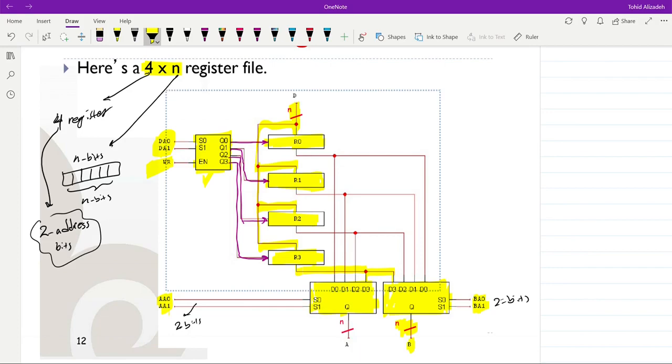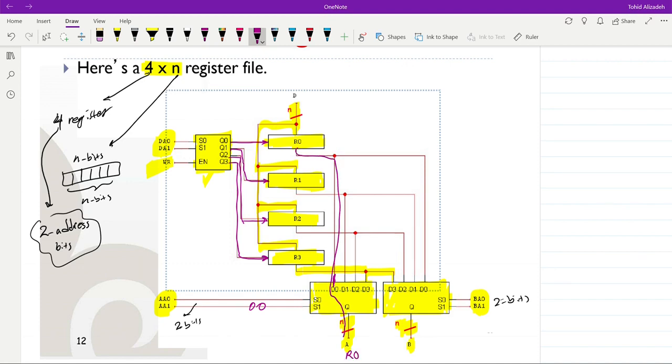Then on the other hand, depending on what we have on the A address and B address inputs, the output data will receive a value from one of the registers. As an example, if we have here 0, 0, then R0 will be selected and it will appear here.